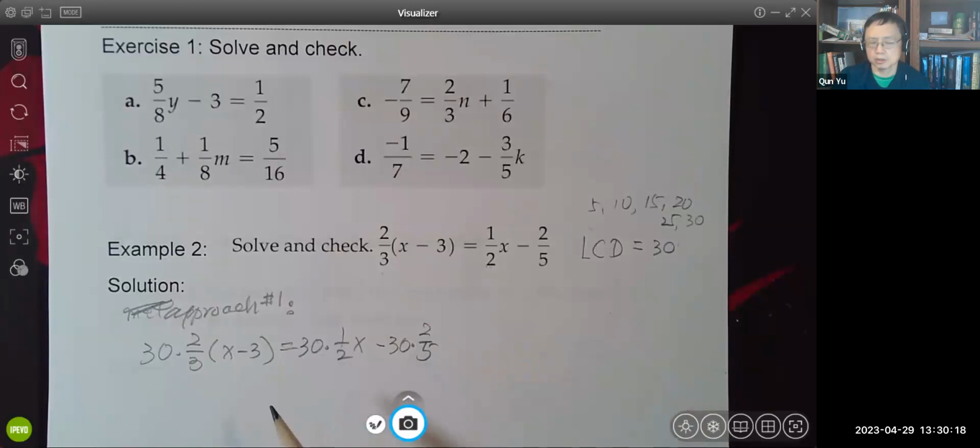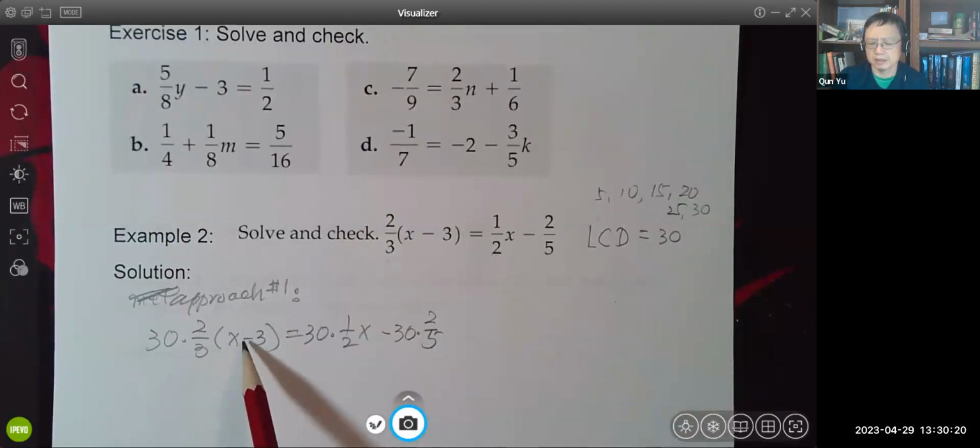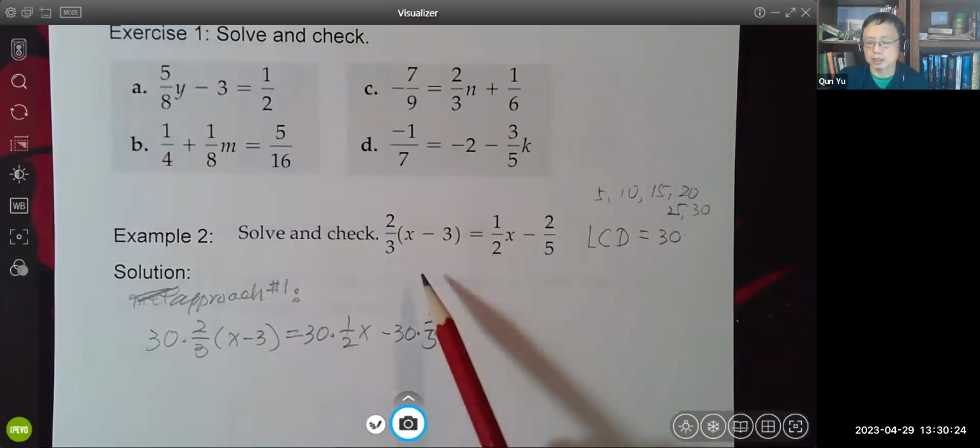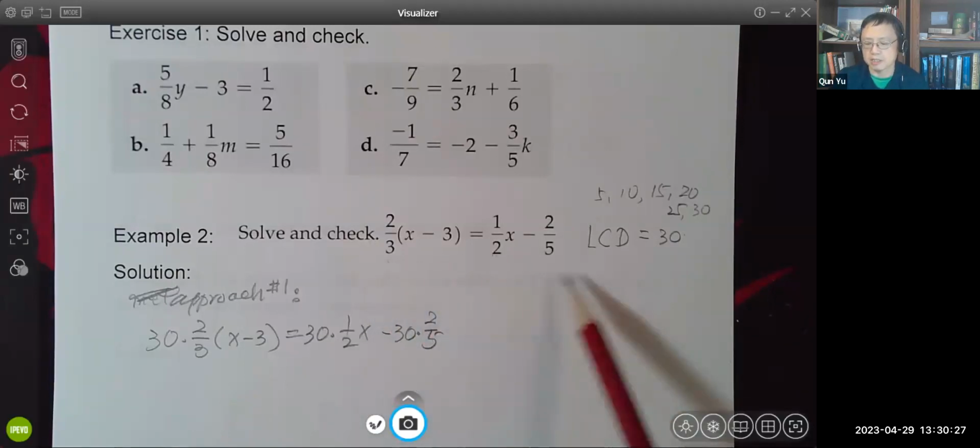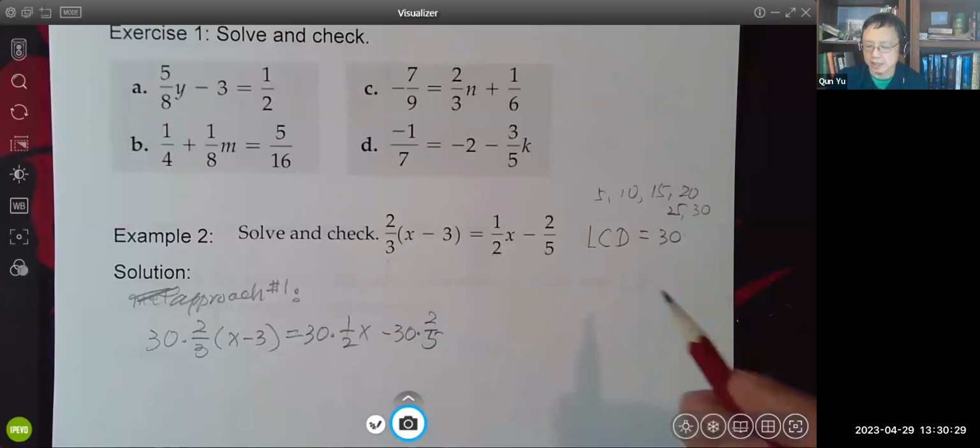Now make sure you don't multiply 30 by anything inside the parentheses. The reason is that we multiply each term in the equation by the LCD, each term. What is a term in the equation? A term is a single unit separated by either plus or minus.